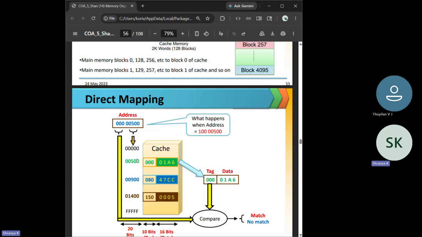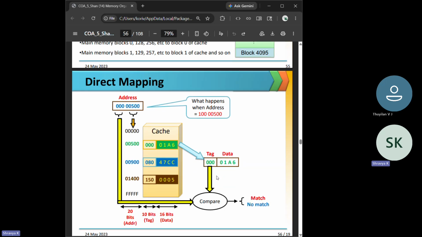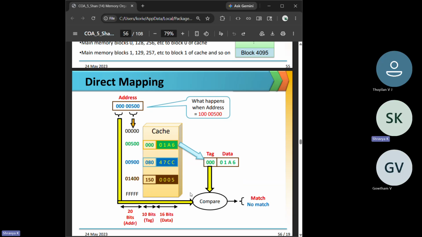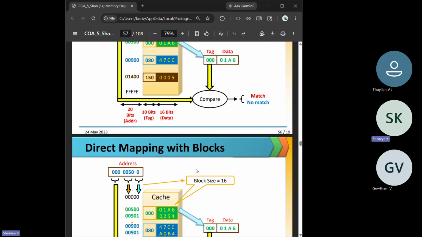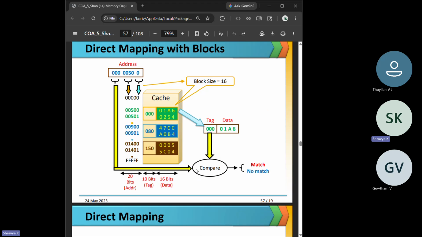Once you see that there is a match over here, you will move on to check whether the tag is the same or not. You will use a comparator over here to check whether the tags are the same, and based on whether it's a match or not, you will see that it's a cache hit or a cache miss, right? So that is how direct mapping works.